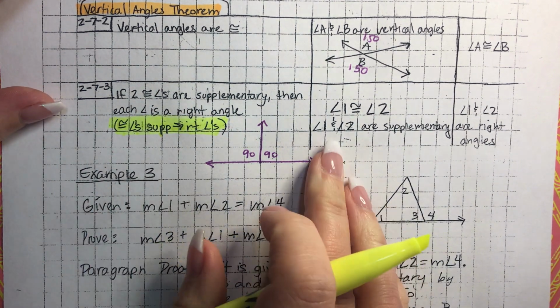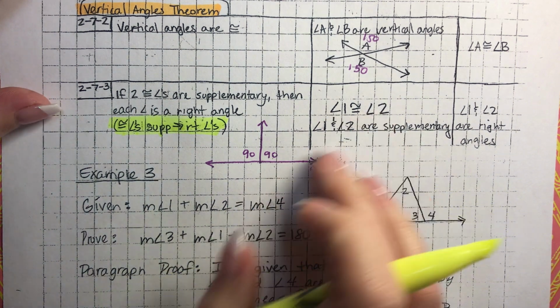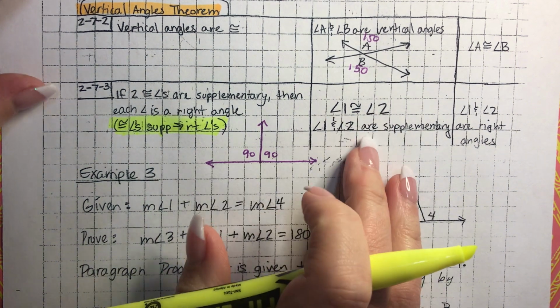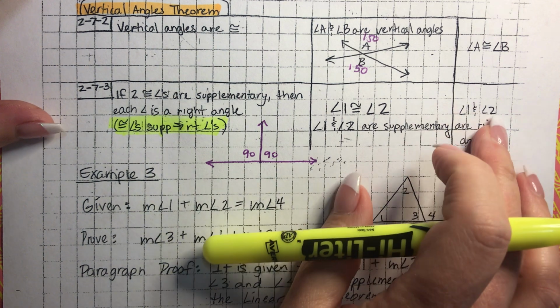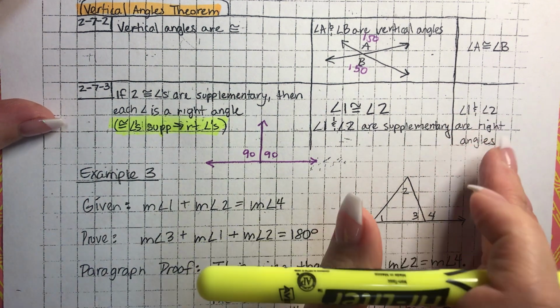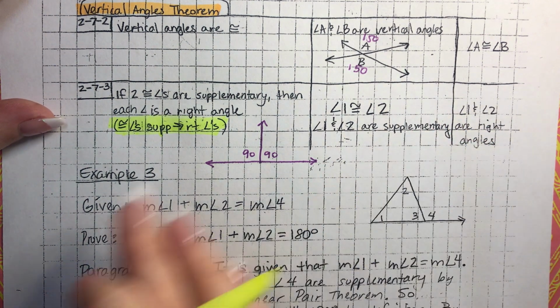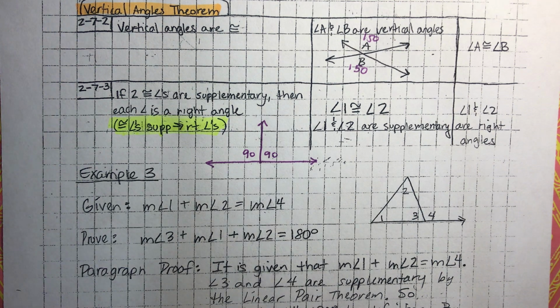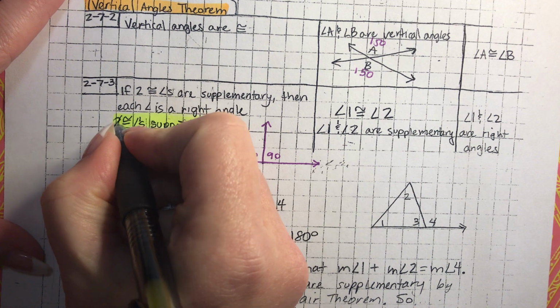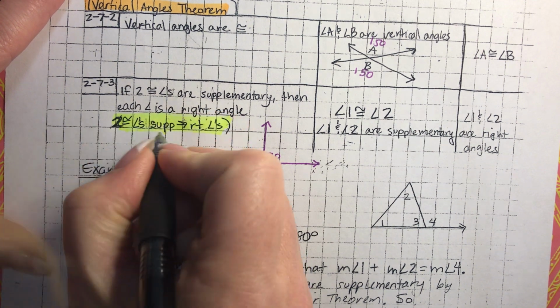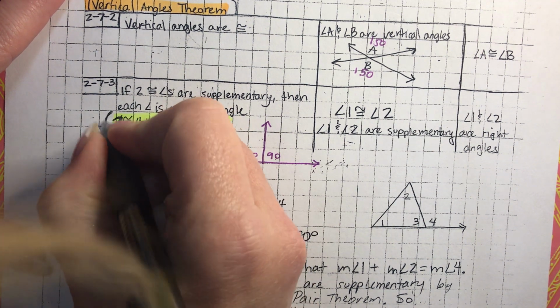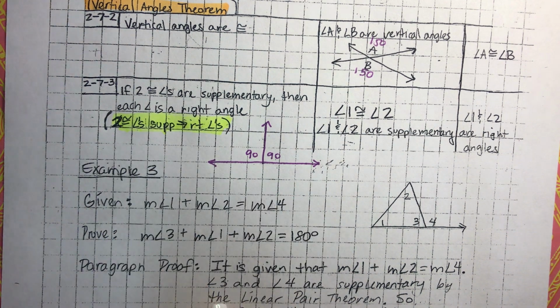So if angle 1 and angle 2 are congruent, and angle 1 and angle 2 are supplementary, then angle 1 and angle 2 are right angles. Go ahead and make that a 2: if 2 congruent angles are supplementary, then they are right angles.